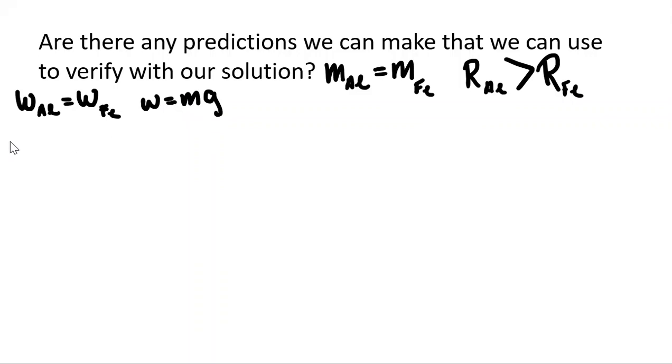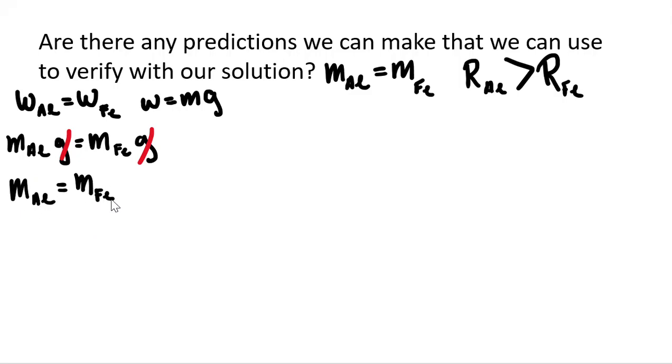So we can say that the mass of aluminum times g is going to be equal to the mass of iron times g. Both these objects are under the same influence of gravity. We see that g is on both sides of this equation, so we can just divide it out and it's gone. And there we have it. The mass of aluminum should be equal to the mass of iron.